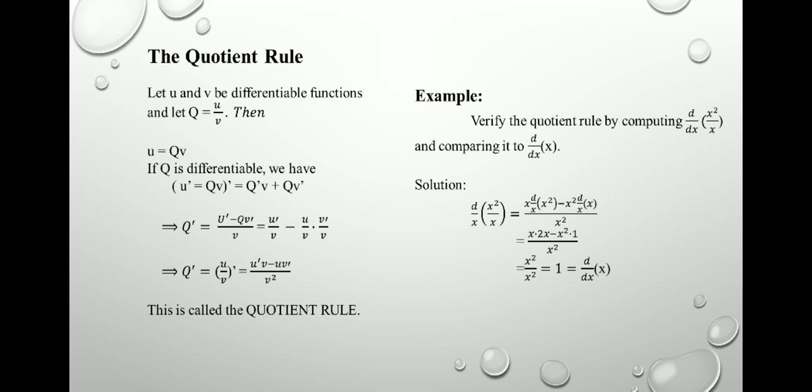The solution is d over dx of x squared over x is equal to x times d over dx of x squared minus x squared times d over dx of x, all over x squared, which is equal to x times 2x minus x squared times 1 over x squared, which is equal to x squared over x squared, which is equal to 1, which is equal to d over dx of x.